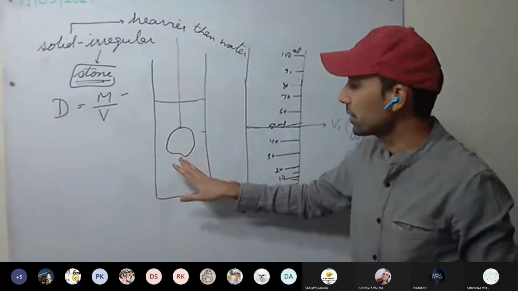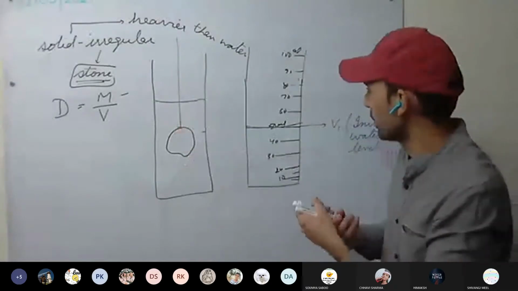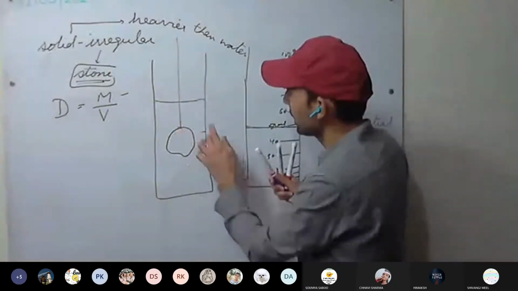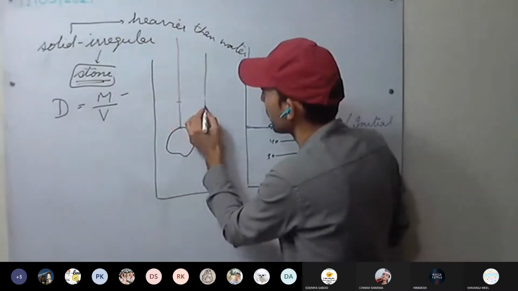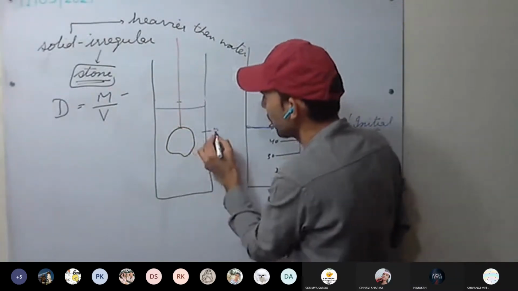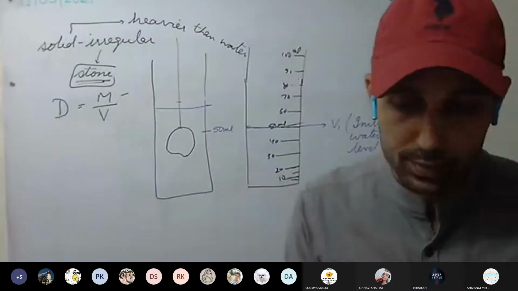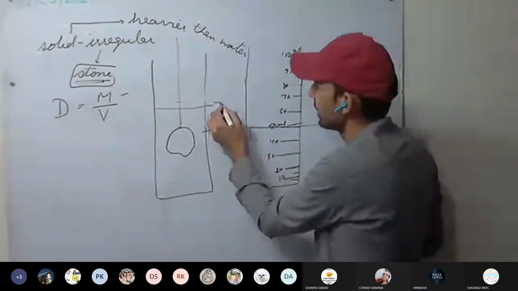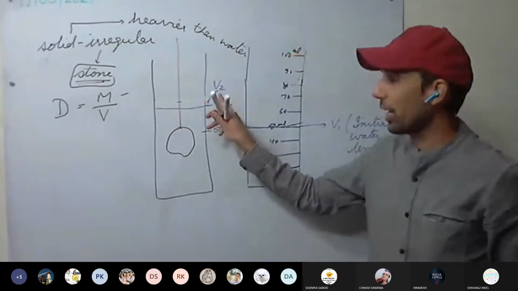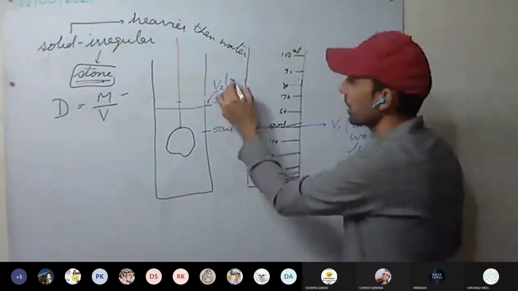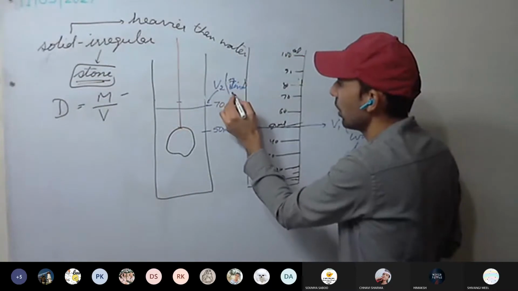Now we have completely immersed the stone inside the water. Earlier it was 50 ml. Now it has become, for example, 70 ml. This is our V2, the final volume.